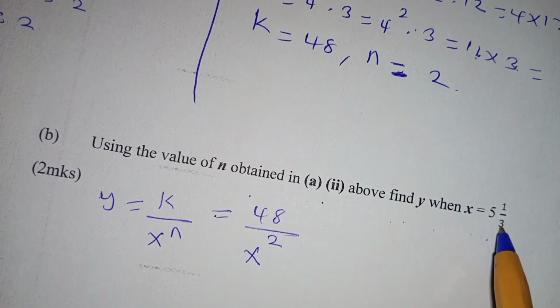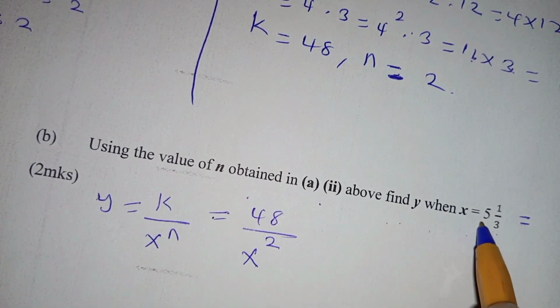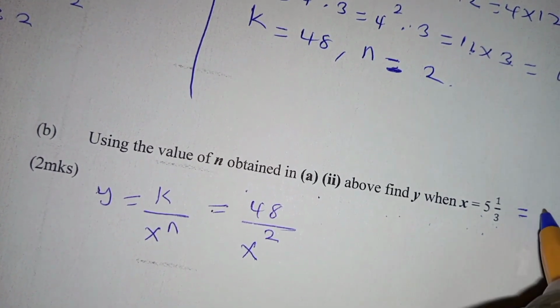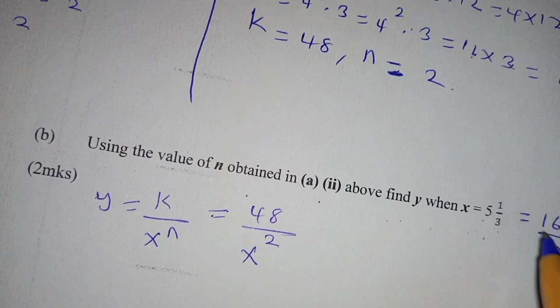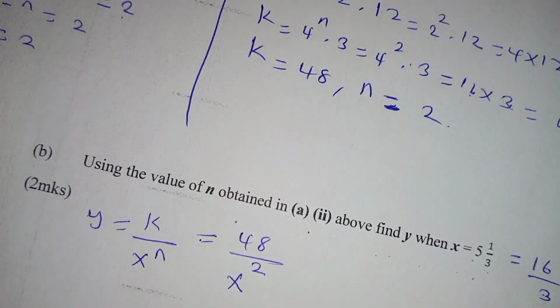Now, this value of x here can be written as an improper fraction as 3 times 5 is 15 plus 1 is 16 over 3. This is the same as 16 over 3. So we come here and substitute.